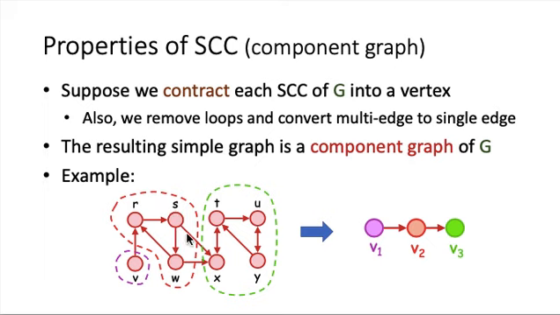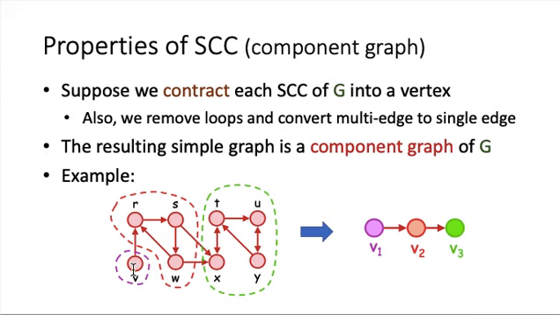So in this diagram, we are contracting V into a single node, now represented by V1. We will contract all the three nodes RSW into a single node, now represented by V2. And we contract the four nodes here into a single node, now represented by V3.